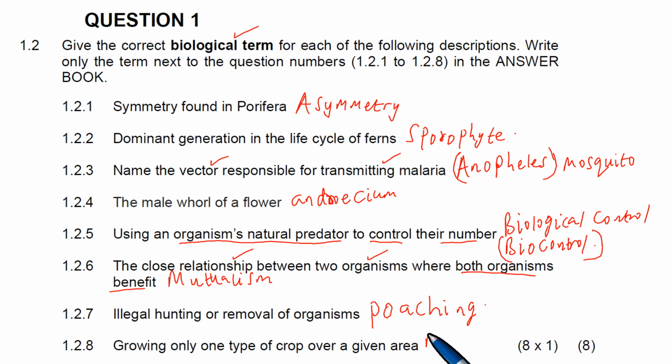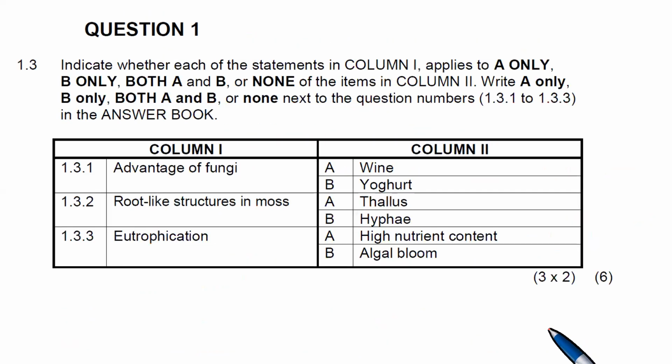It's monoculture. Okay, I'm just bringing this across because they are amongst the most important of the concepts you must know for exam purposes. We will discuss a lot of them. Right, so next question. It's very important that you are also able to match columns.